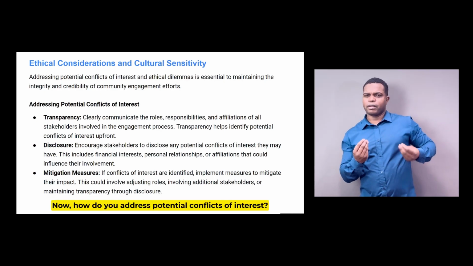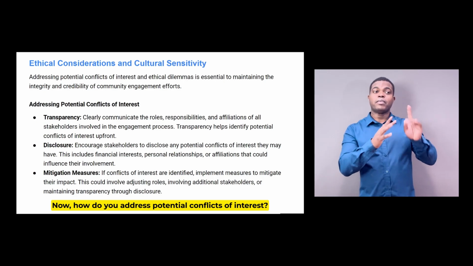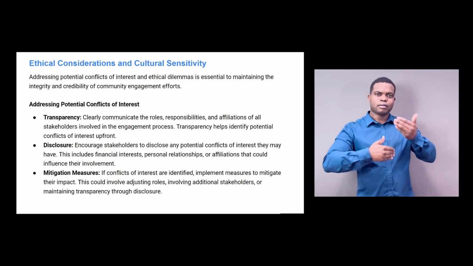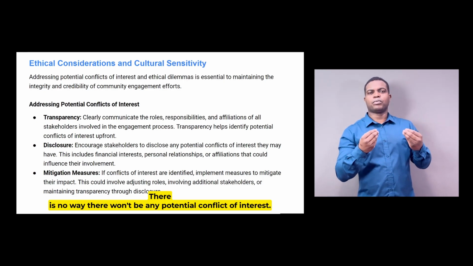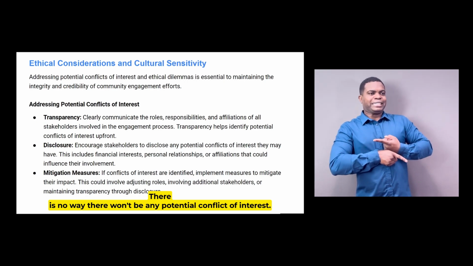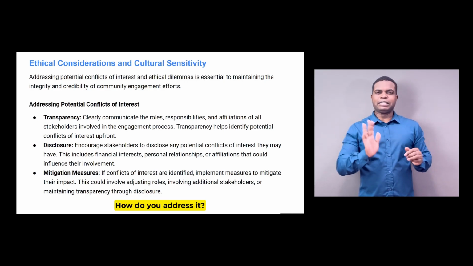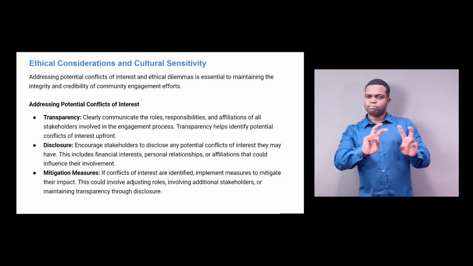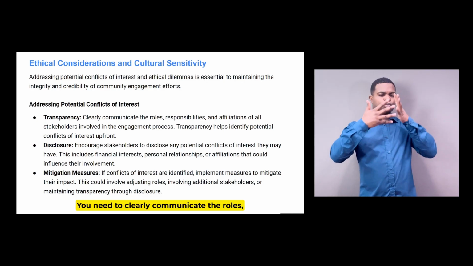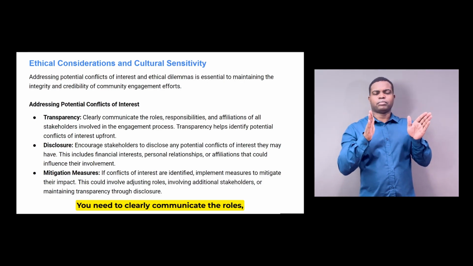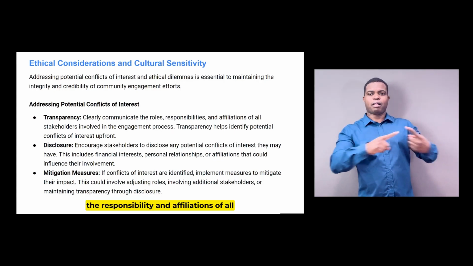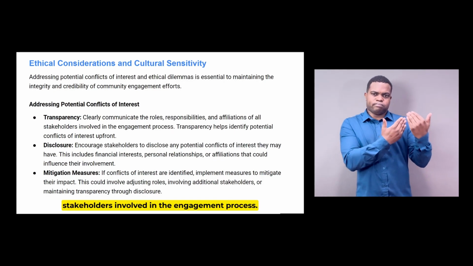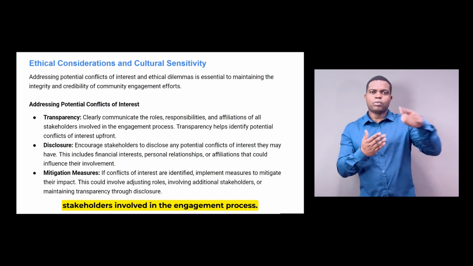Now, how do you address potential conflicts of interest? There's no way there won't be any potential conflicts of interest. Now, how do you address it? Transparency. You need to clearly communicate the roles, the responsibility, and affiliations of all stakeholders involved in the engagement process.